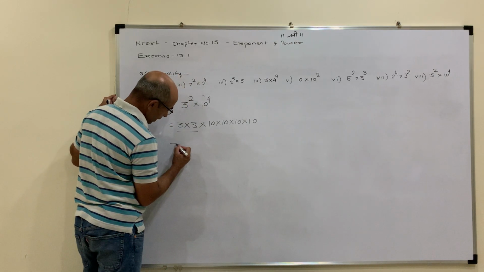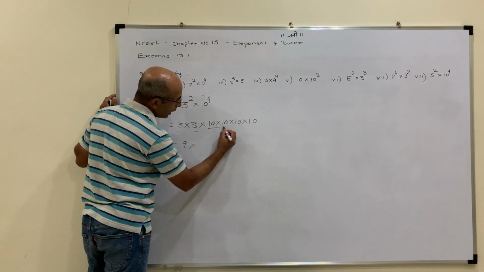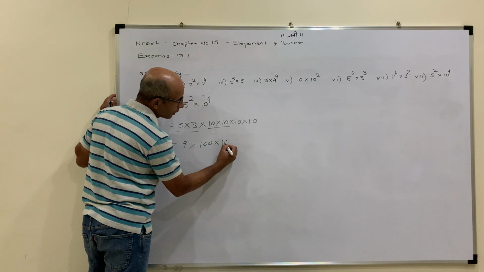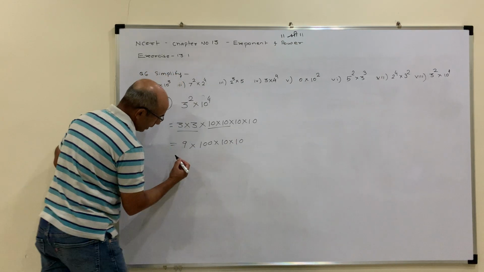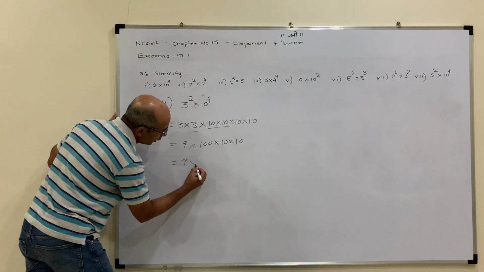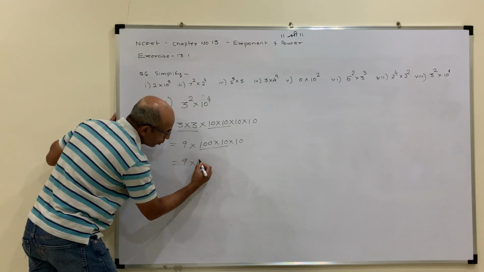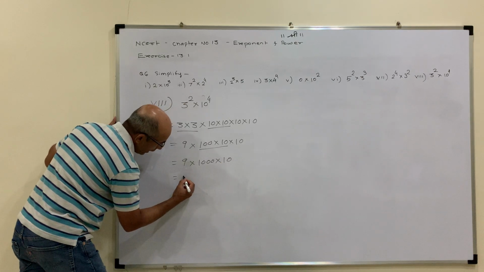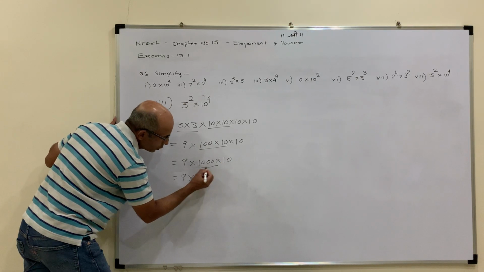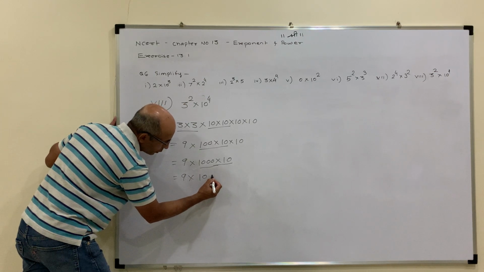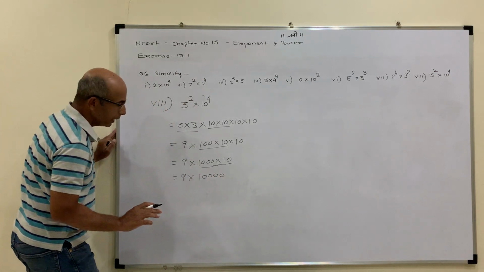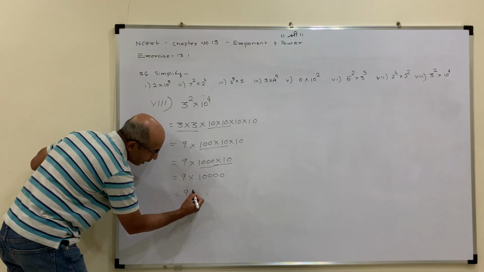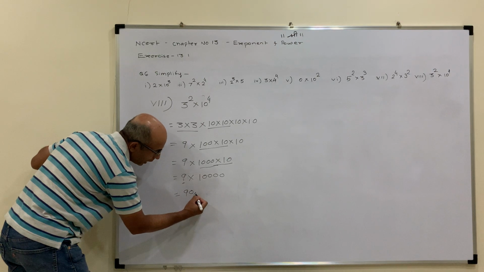So 3 3s are 9, and 10 10s are 100. I'll do it in one step. Then I'll put 10 into 10. So my next step is 9 into 100 into 10, which comes out to be 1000 into 10. So 9 into 1000 into 10 comes out to be 10,000. You can leave it over here as a simplification, but this is easy as well: 9 into 10,000 comes out to be 90,000.